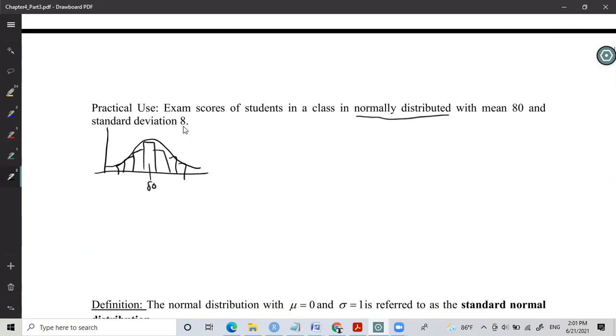Now, when you have the normal distribution, what if you want to find probabilities? Let's say a student is selected randomly.